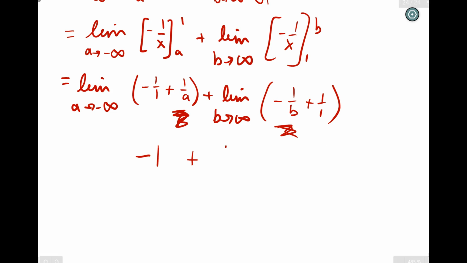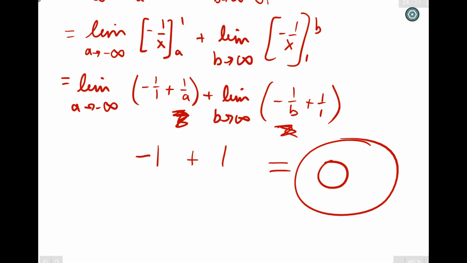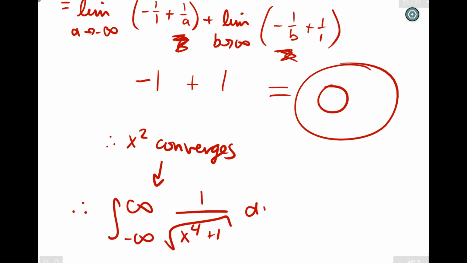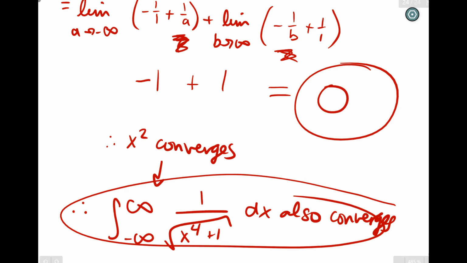Then I'm adding 1, so -1 plus 1 is 0, done. But it approaches a number; it's not approaching infinity or anything. So since 1/x squared converges, we just proved it converges, we can say that, therefore, the integral from negative infinity to infinity of 1 over the square root of x to the 4th plus 1, dx, also converges because the other one converges as well. And the top guy was the one who bounded this one in.